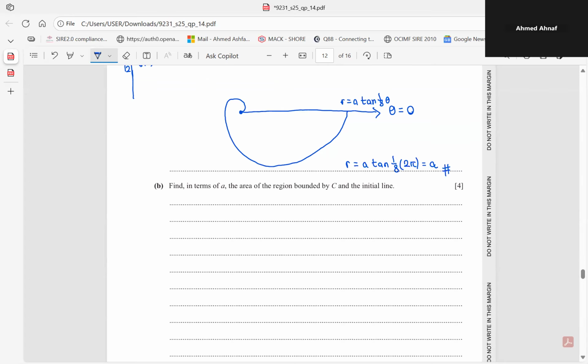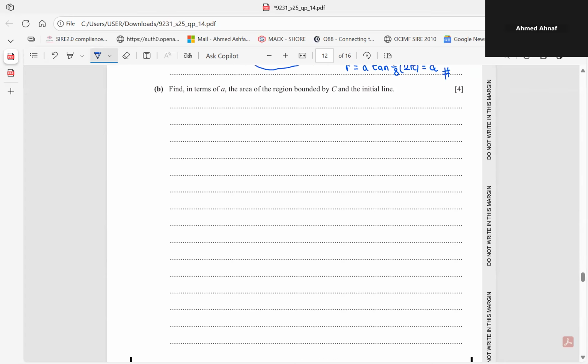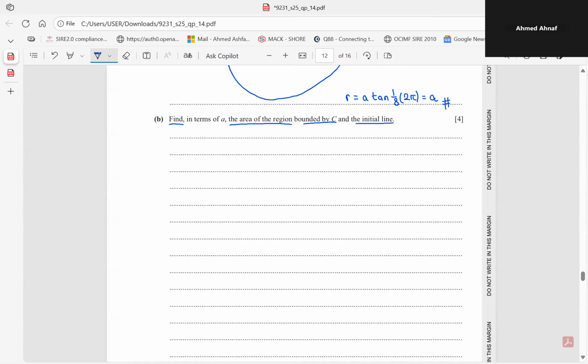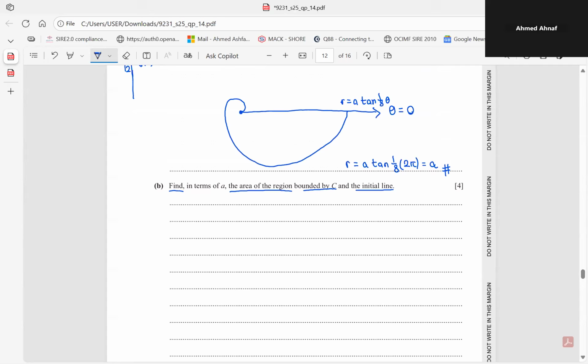Let's head on to the next part. Here we have to find, in terms of a, the area of the region bounded by C and the initial line. So what they're talking about is basically this entire area over here.